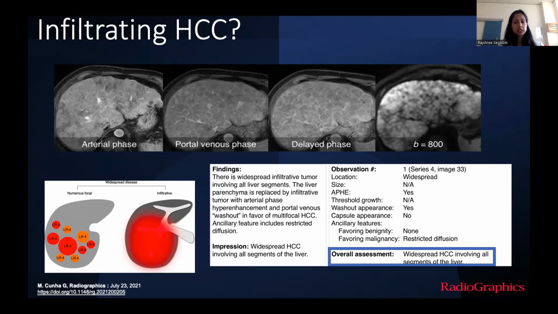So in these instances where there is classical infiltrative tumor with the appearance of multifocal HCC, you would give a final overall assessment that this is widespread HCC involving all segments of the liver, as giving an individual LI-RADS category is impossible in the setting of widespread disease.